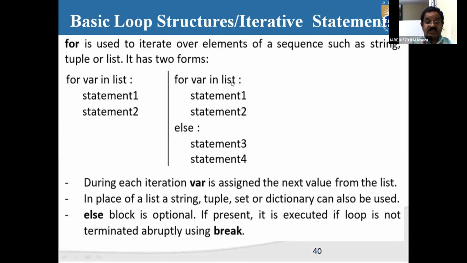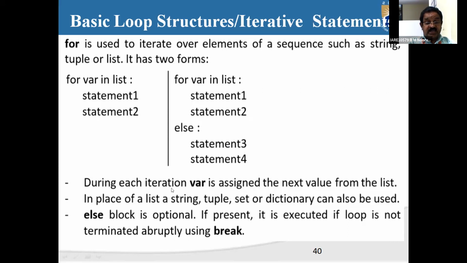If the variable is present within that particular sequence, then this group of statements is going to be executed. If not, it goes to the else part, and those particular statements are going to be executed. So if the variable is present within that sequence, statement 1 and statement 2 are executed; if not, it goes to statement 3 and statement 4.